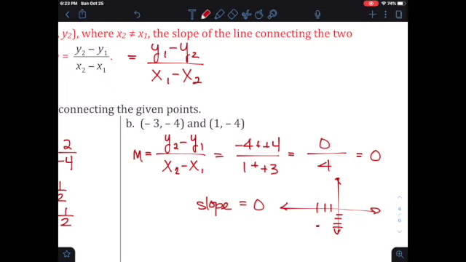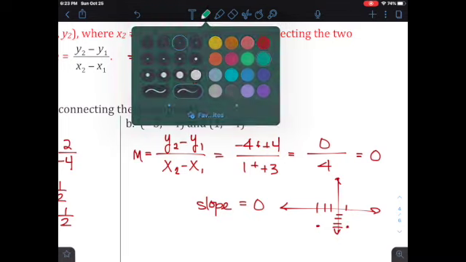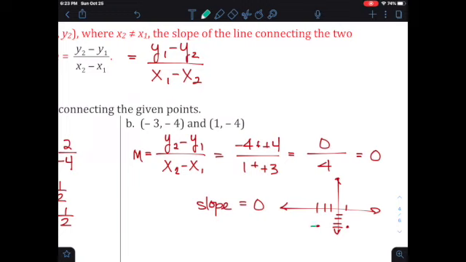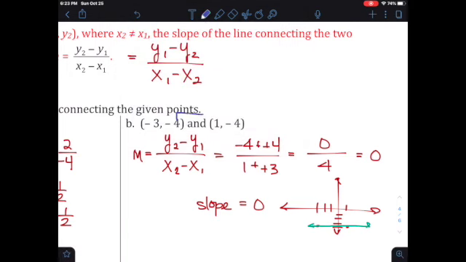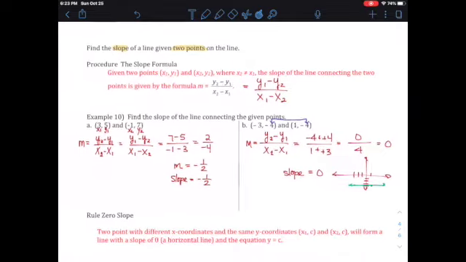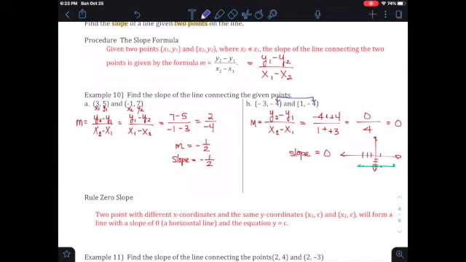And then you have 1 and -4. And you see that line is actually going horizontally. Okay, so when you have y equal to 0, your line is a horizontal line. And then you need to tell me the slope is 0, or m equals 0.